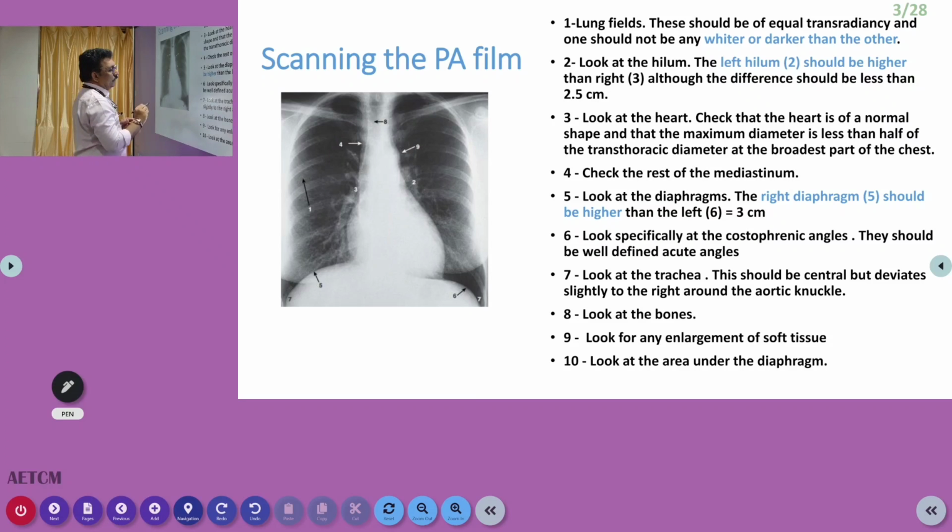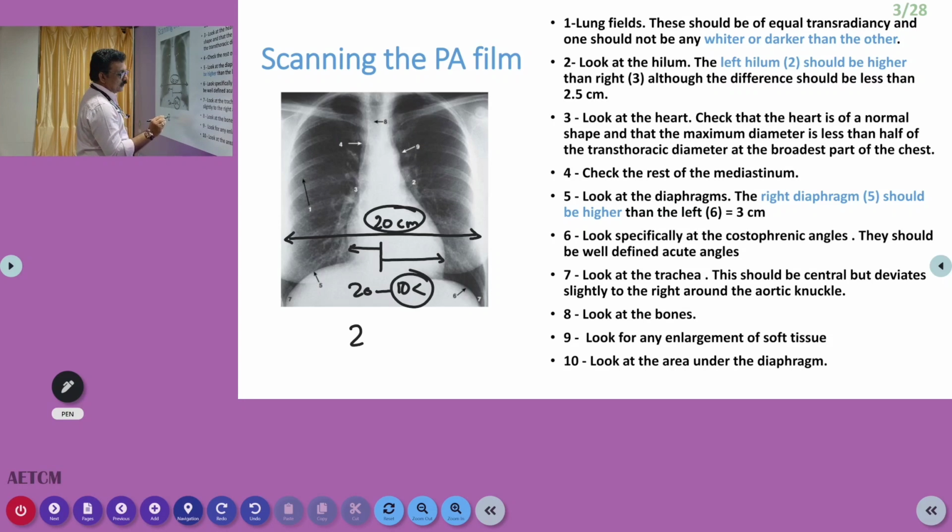Normally, if you take the transthoracic area, suppose it is 20 centimeters, you can see the heart like this. The total area of the heart should be half of the transthoracic area. So the 20 centimeters is here. If the cardiac area is 10 centimeters or less than that, then that is good.